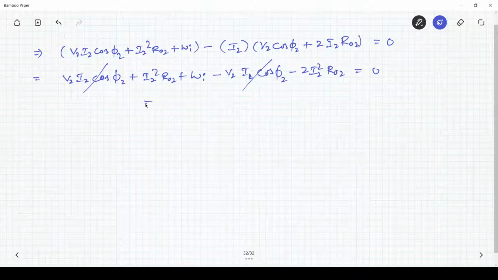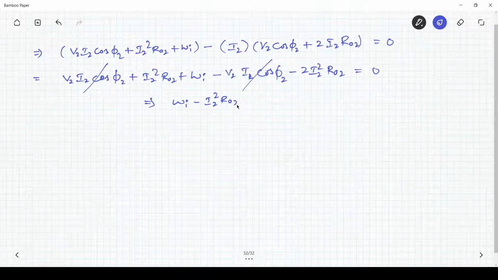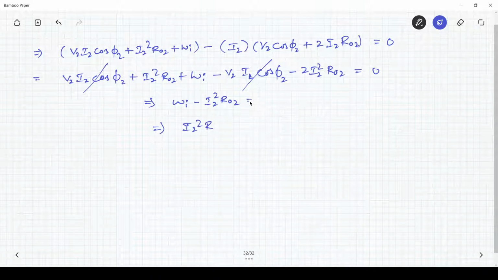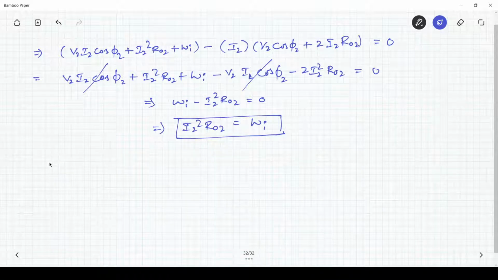So the remaining terms are iron loss minus I2 square R02. That implies I2 square R02 equals iron loss.